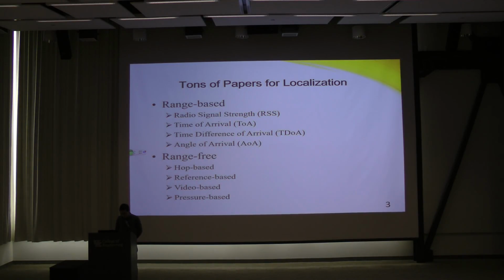Some indoor localization methods also use TDOA, but it's much more difficult, because the GPS signal travels from the Earth to the sky over a very long distance, and the signal travels for a longer time than indoors. So indoor localization is not suited for TDOA.